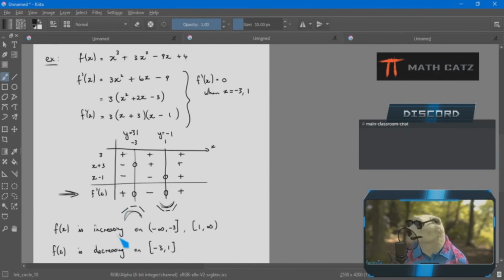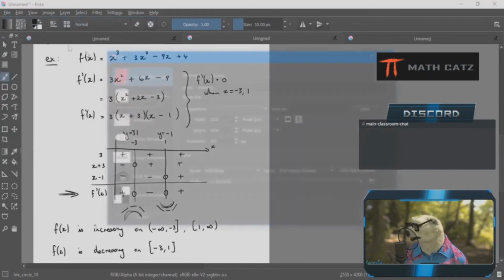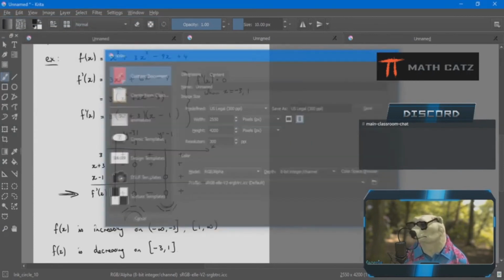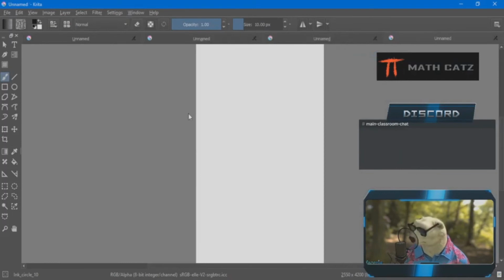And the increasing-decreasing behavior is a big step forward into filling in the graph and adding pieces to the puzzle. Okay. Now, for a simple polynomial like that, you can probably have a pretty accurate graph at this stage, but in some other cases, it's still not going to be perfect.